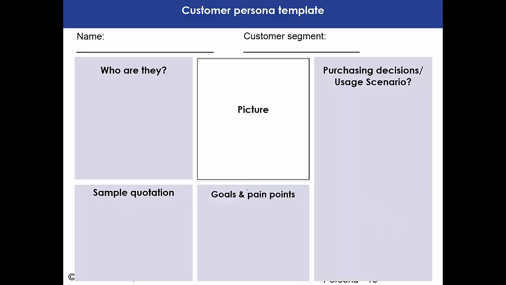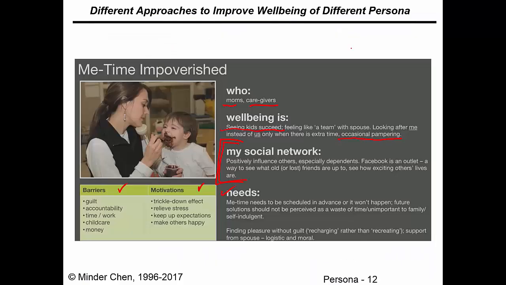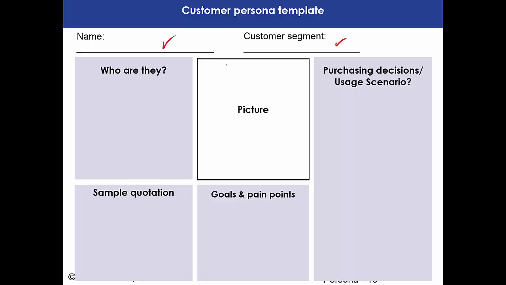Here I have a sample template in a PowerPoint slide. Feel free to customize it. You can probably even use a spreadsheet to document the persona if you wish. You will give the persona a name. You will identify the customer segment. This segment is referring to maybe something like me, time impoverished.